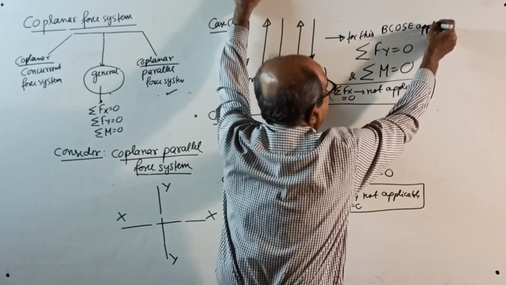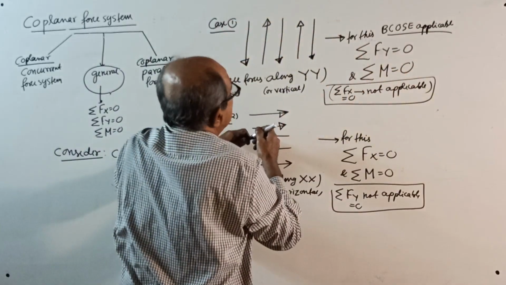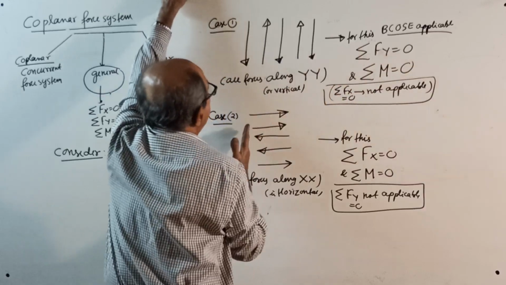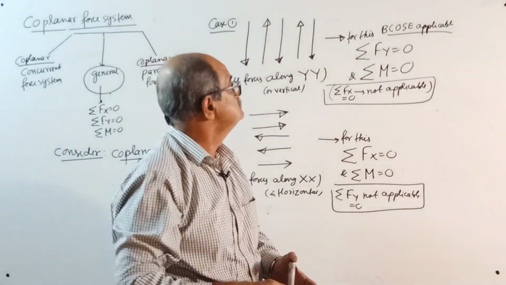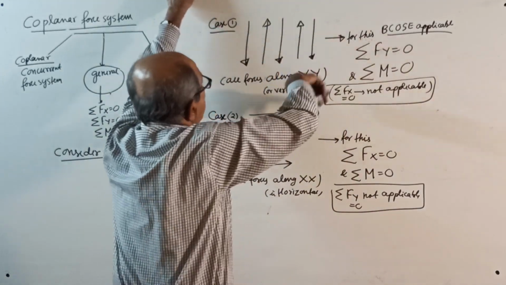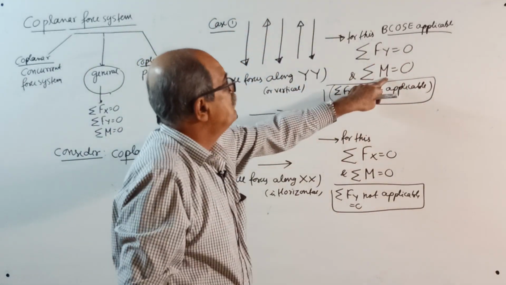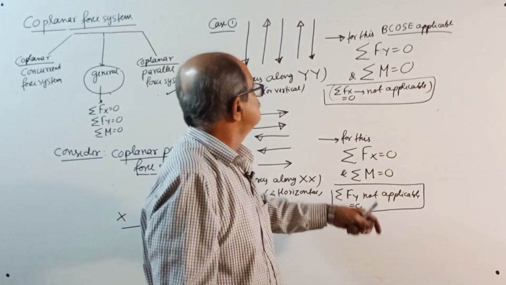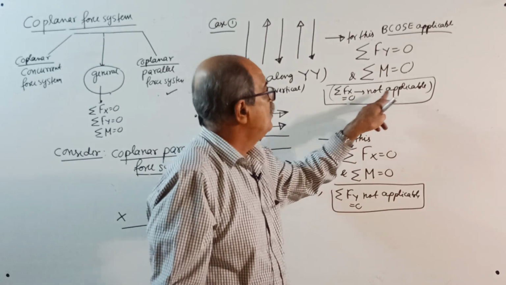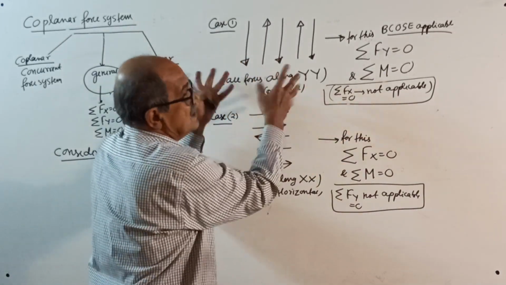Okay, now for this, the basic conditions of static equilibrium applicable, very important, are: 1. Sigma Fy equals 0. Net force in the vertical direction or along Y, Y should be 0. Then there should be no rotation, so sigma M equals 0. Algebraic sum of moment about any point in the plane equals 0. Note, sigma Fx equals 0 is not applicable. Why? There is no force in x direction.